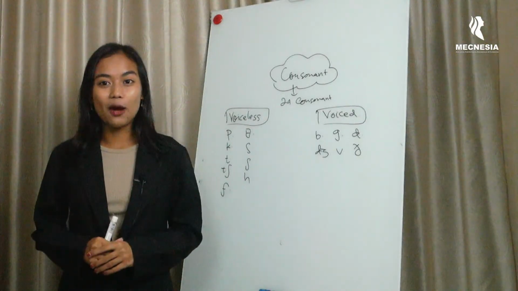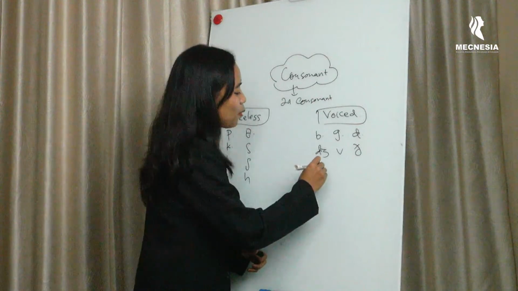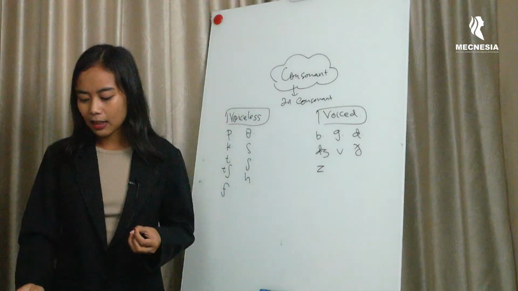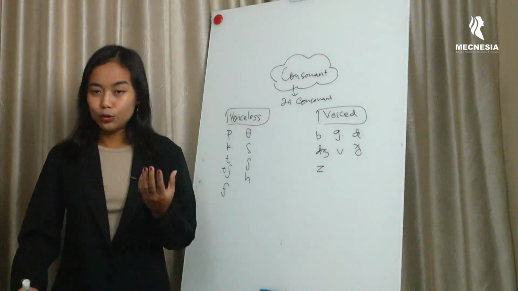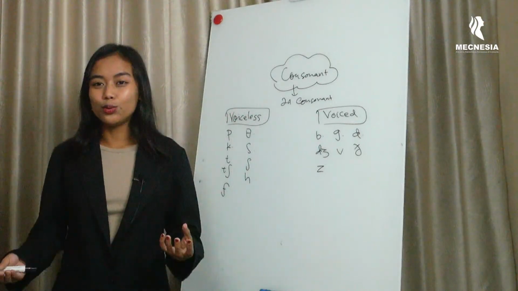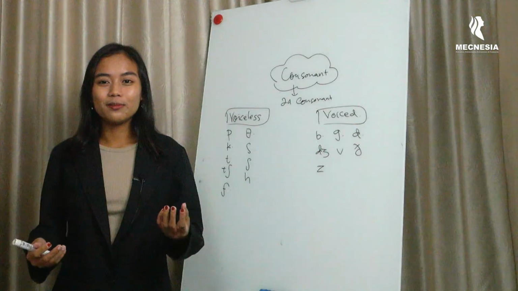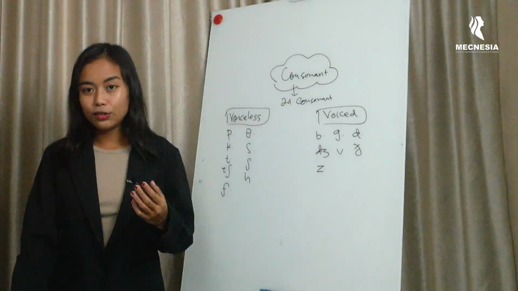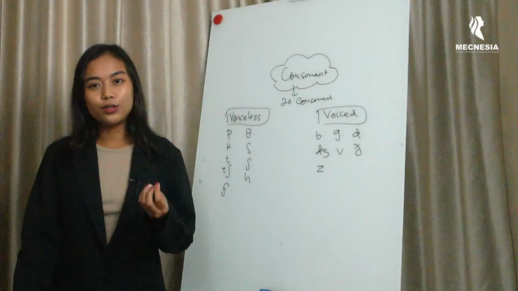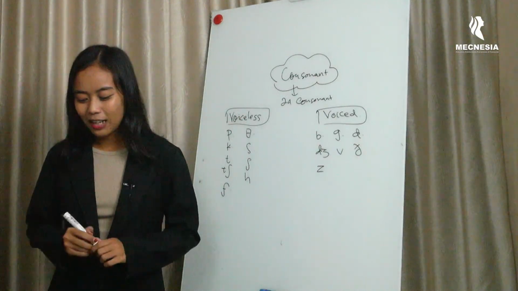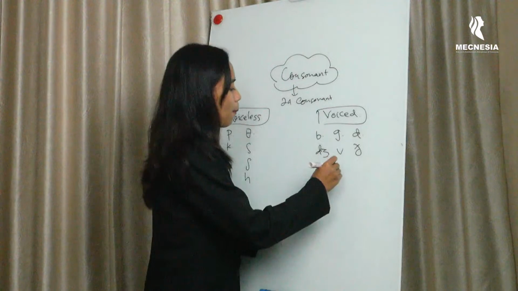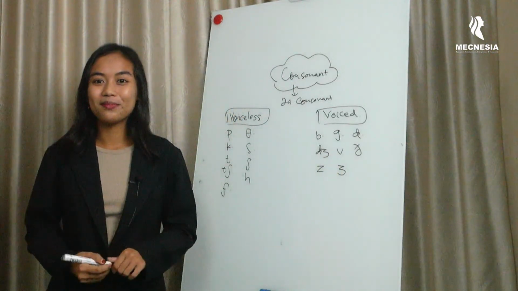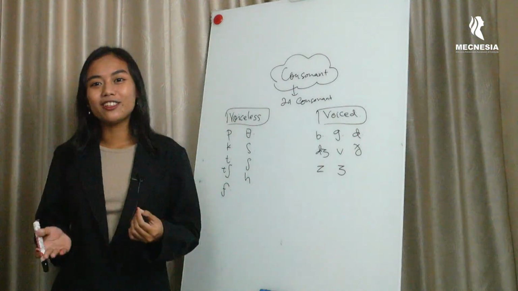Z sound. This sound will be found in the word, bakal ditemuin di kata zoo. Zoo. Well, the next one is the zh sound. Well, yang bakal kita temuin di kata pleasure. Pleasure. One more time. Pleasure.